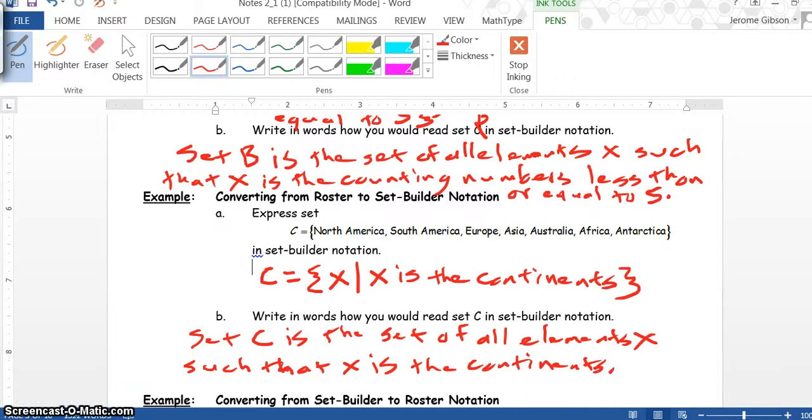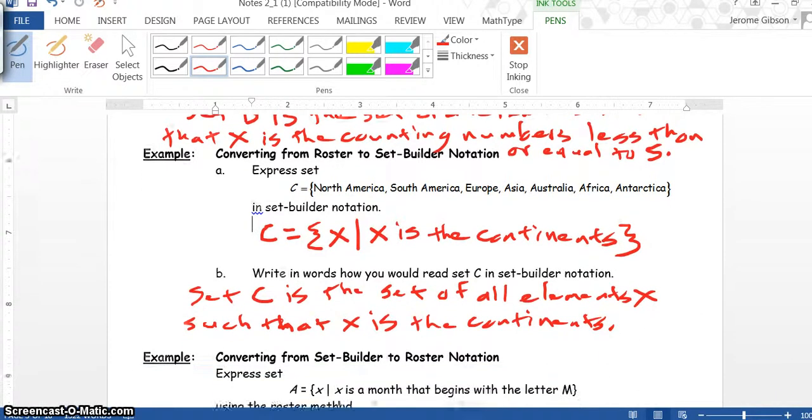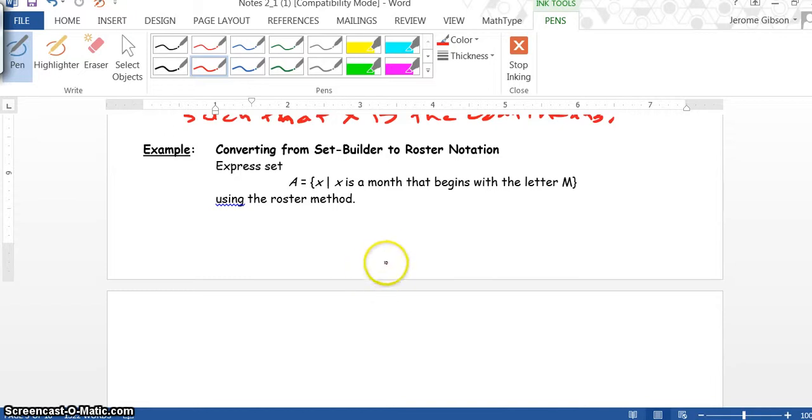And that is the final answer. Now we'll move down to the next example.